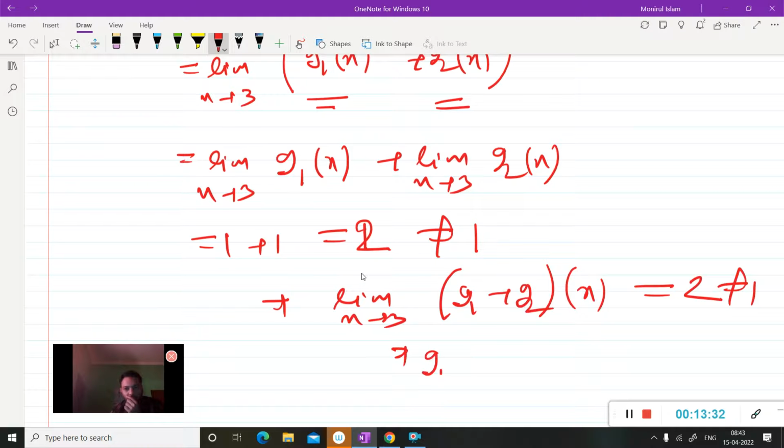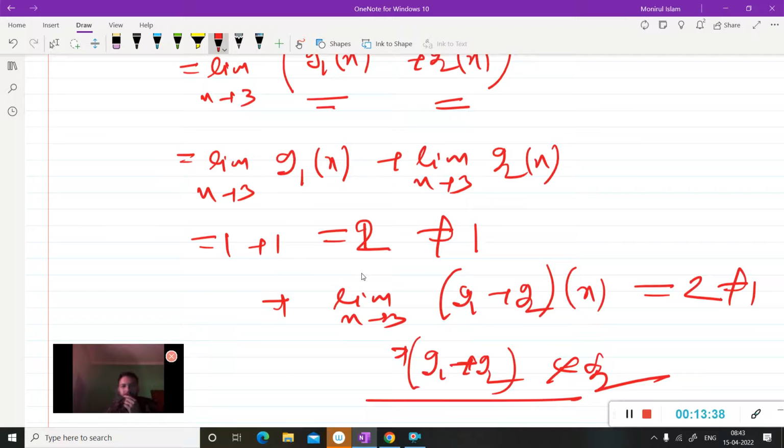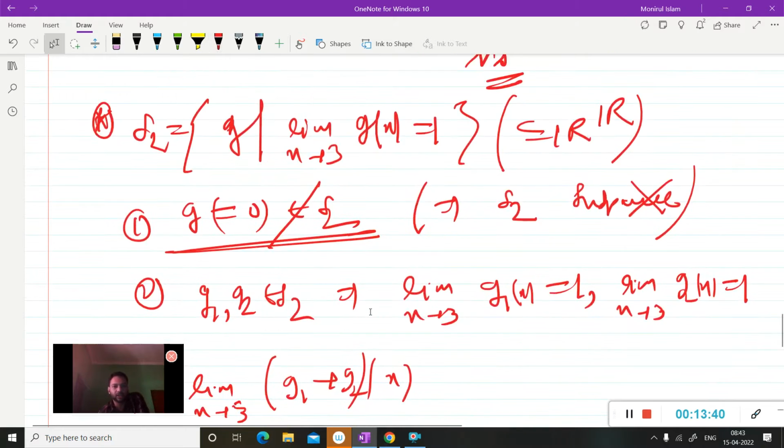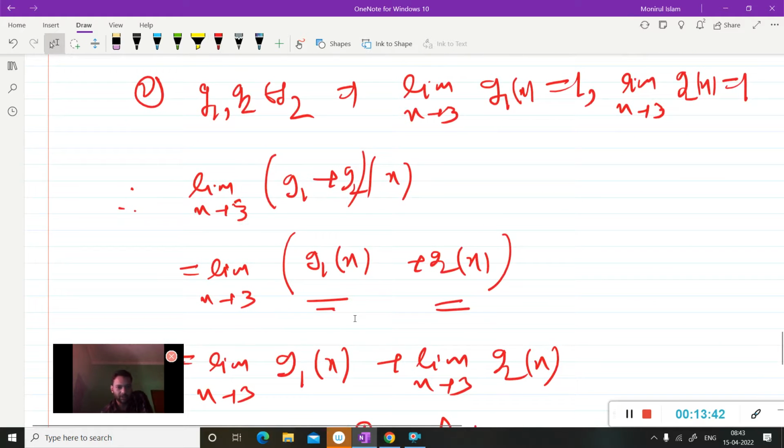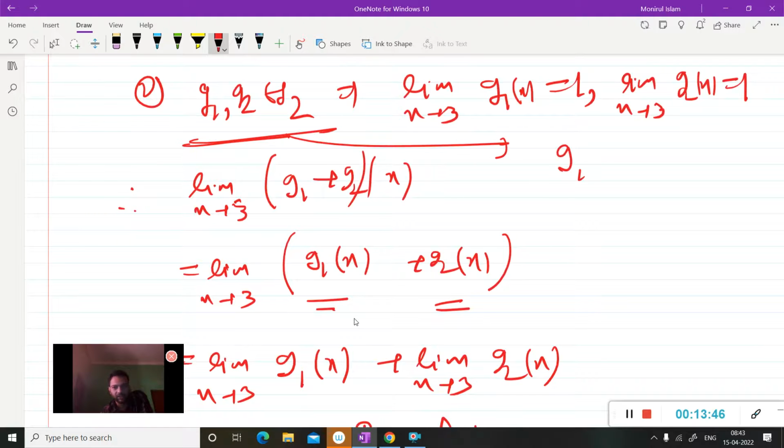So this implies g1 plus g2 does not belong to S2, right? If I take two functions g1 and g2, their sum does not belong to the set.